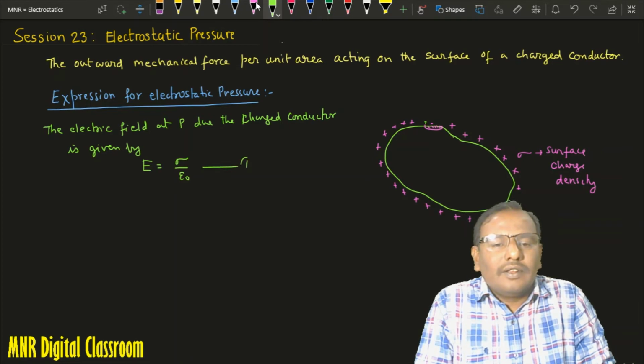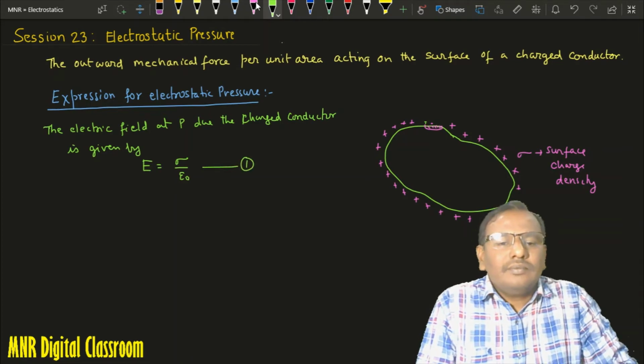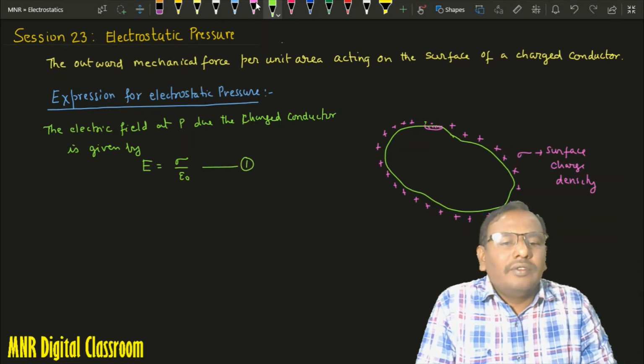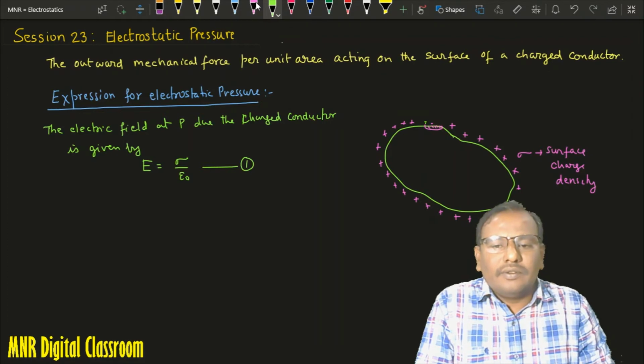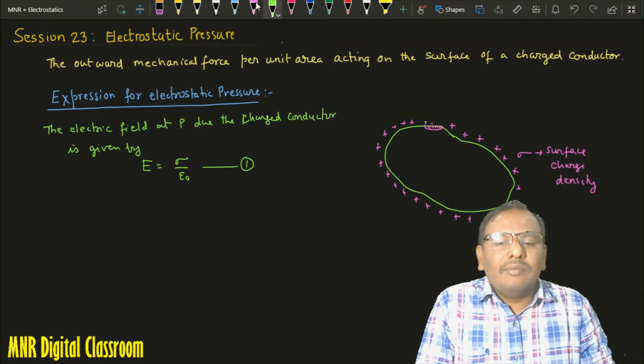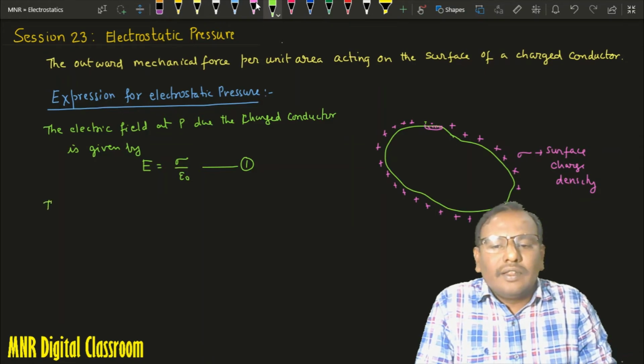Call this equation 1. Here sigma is the surface charge density, and epsilon naught is the permittivity of free space. This electric field can be treated as the resultant of two components.